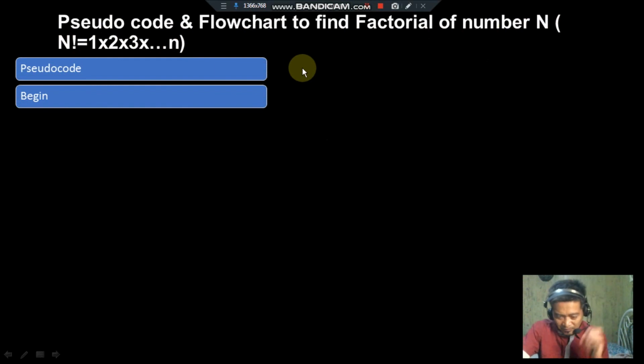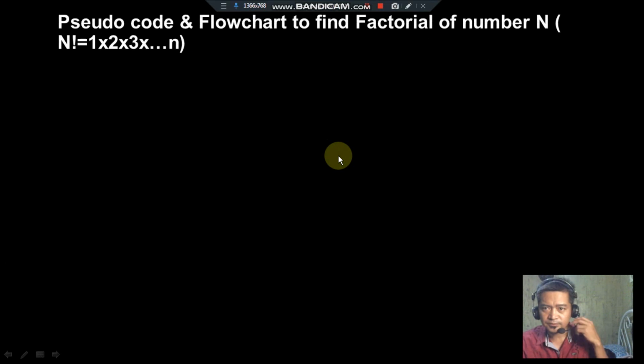Ang hint doon, dapat may taga-abang tayo na nagka-count hanggang nag-reach na siya sa n. Starting from 1, ang counter natin starts with 1. Then, increment natin by 1 until.